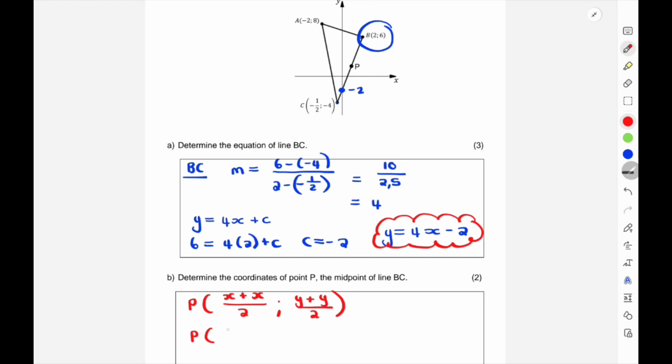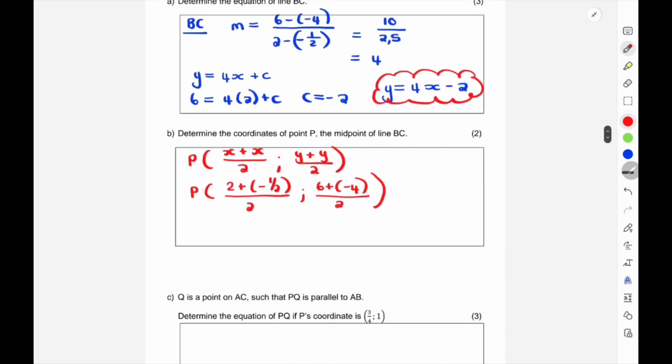Okay, so the 2 x values is 2 plus minus a half divided by 2, and the 2 y values is 6 plus minus 4 divided by 2, which gives you P's coordinate. 2 minus 0.5 gives you 3 over 2, divided by 2 gives you 3/4. And 6 minus 4 divided by 2 gives you 1.